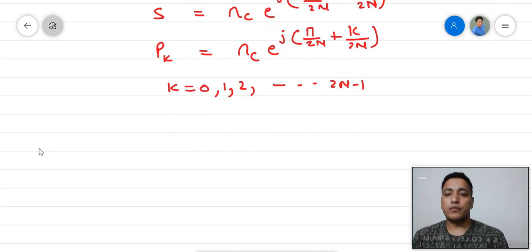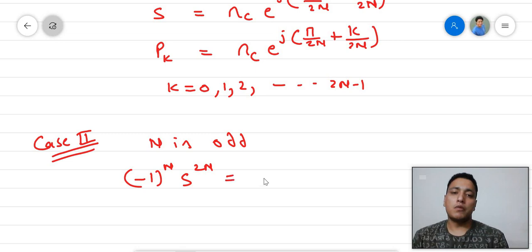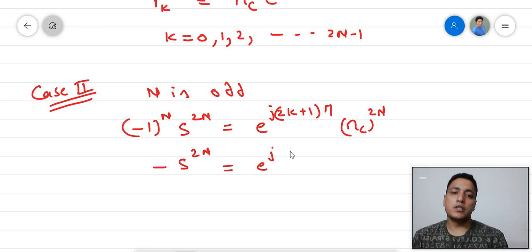Now case 2. Case 2 is when n is odd, then we'll have minus 1 to the power n s to the power 2n equals to exponential j 2k plus 1 pi omega c to the power 2n, which will be minus s to the power 2n equals to exponential j 2k plus 1 pi omega c to the power 2n.